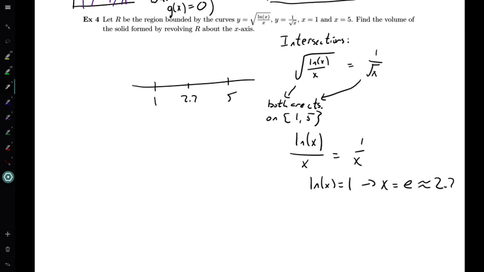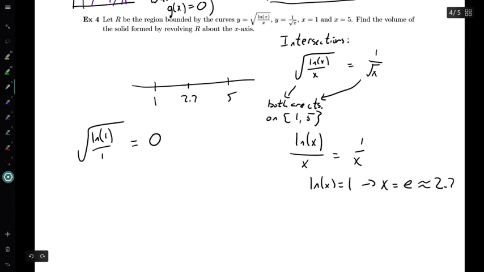And in order now to check which function is larger on which half of the interval, I can try plugging in the endpoints, for instance. So if I plug 1 into my function, root of log x over x, log of 1 is 0, 0 over 1 is 0, root 0 is 0.